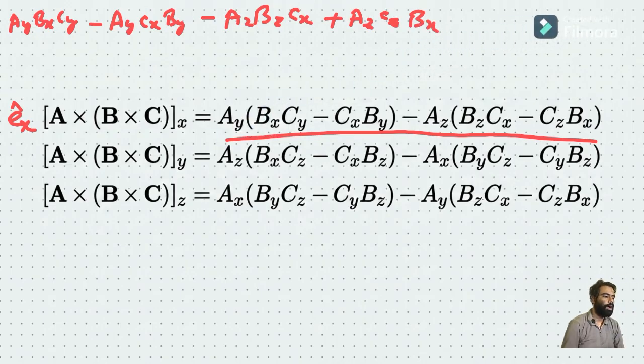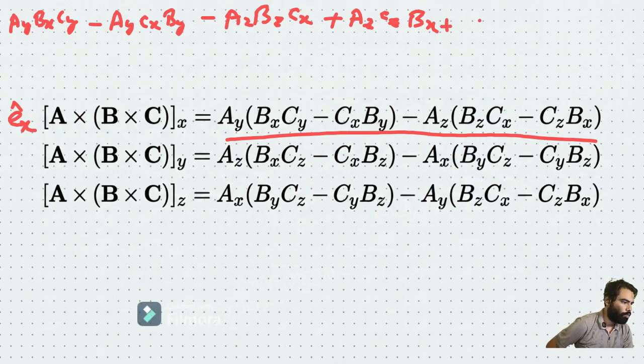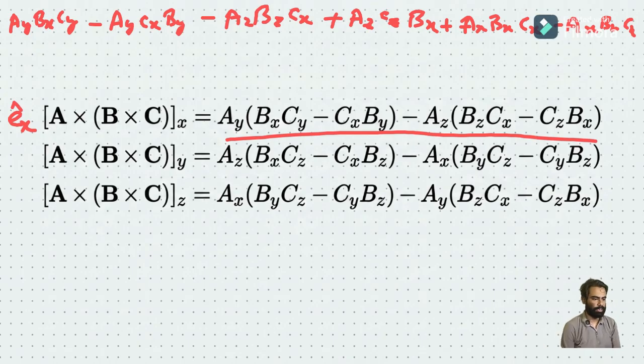Okay, now one thing we can do with this is we can add AX BX CX and subtract AX BX CX. Now we can simplify this. How can we simplify this?